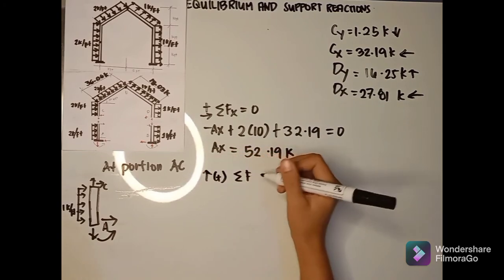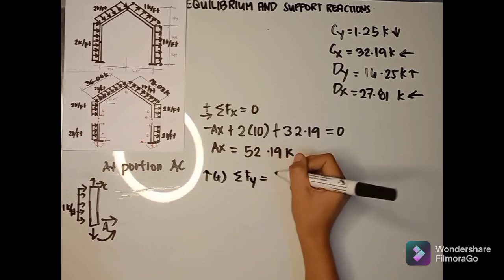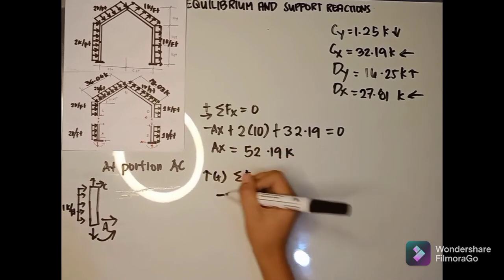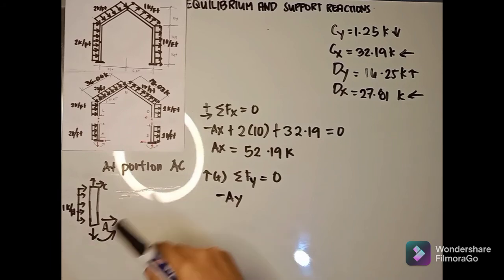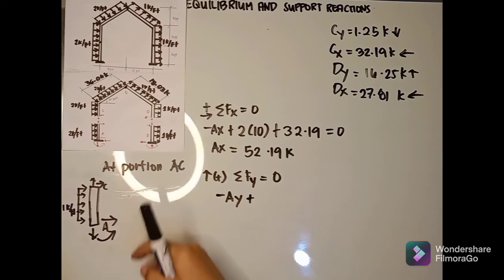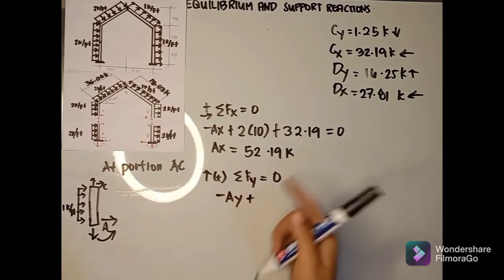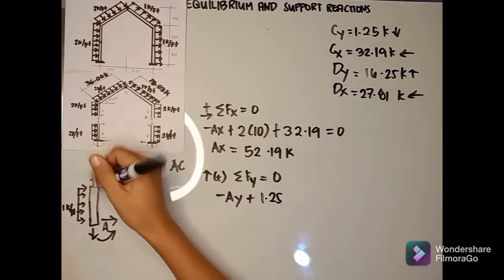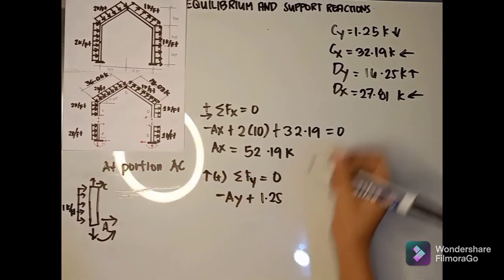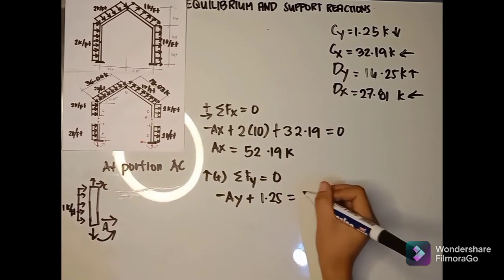Now, for the vertical component, upwards is positive. So, summation of vertical components y is equals to 0. Negative AY, kasi yung assumption is negative siya dito, or downwards, plus 1.25 sa CY. Dito. Okay. Is equals to 0.